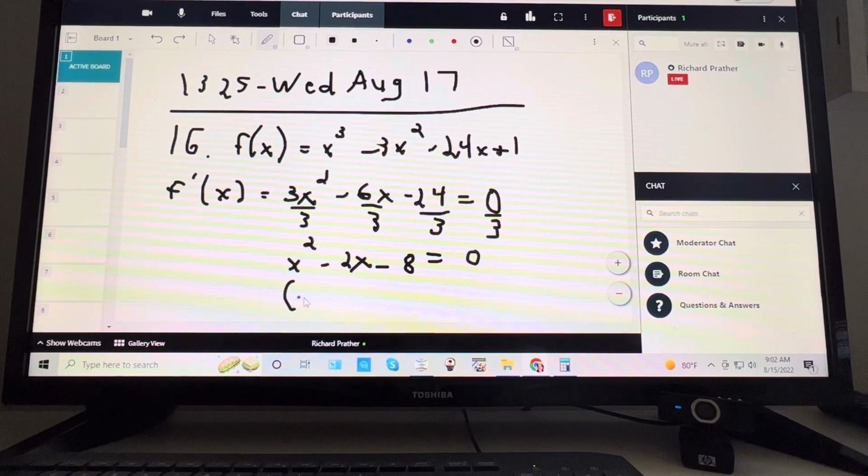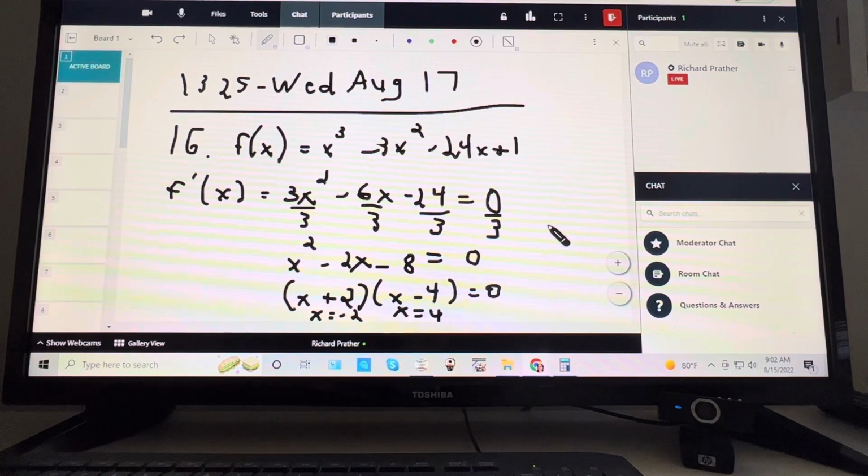Then we need one positive, one negative. It's either 8 and 1 or 4 and 2, but negative 4 and positive 2 multiplies to negative 8, and 2 minus 4 is negative 2. So there are two critical numbers, negative 2 and positive 4.